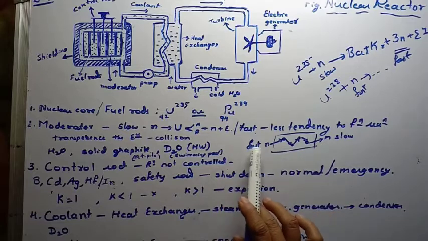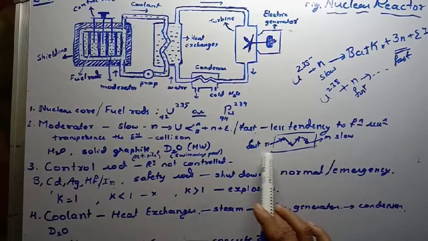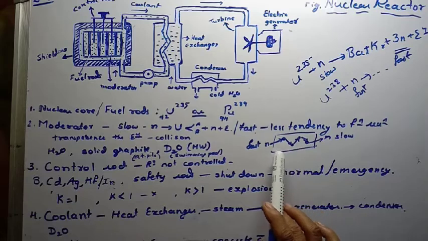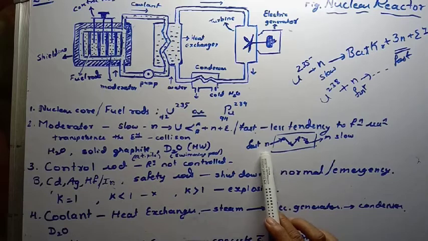That means fast-moving neutrons are converted into slow-moving neutrons by drastic collisions with the molecules of the moderator. Therefore, the job of the moderator is mainly to slow down the speed of neutrons.